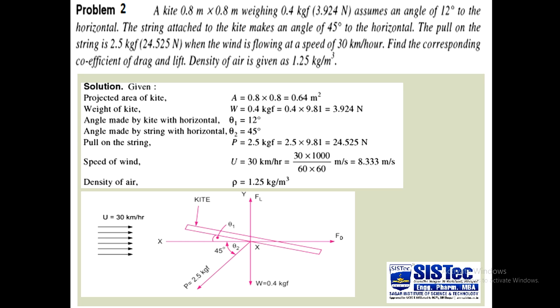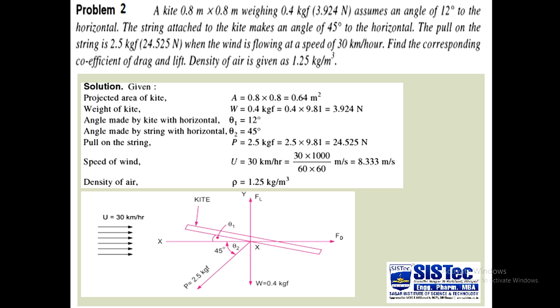In the solution, first of all we write the data given. First is the projected area, or the size of the kite, that is 0.8 meter by 0.8 meter, so 0.64 meter square is the projected area. Now the weight of the kite is given, that is 0.4 kilogram force.